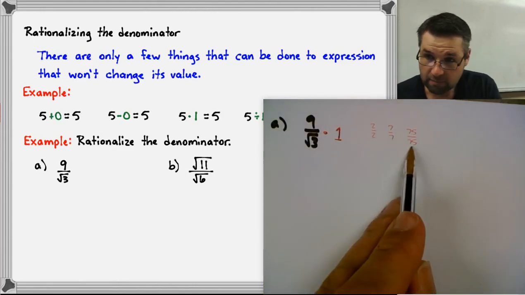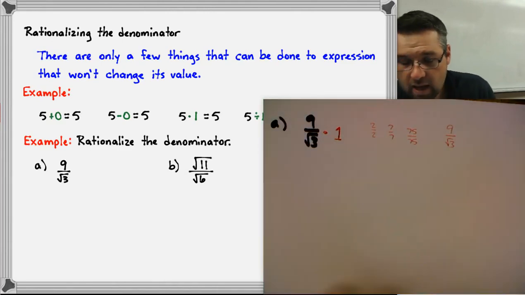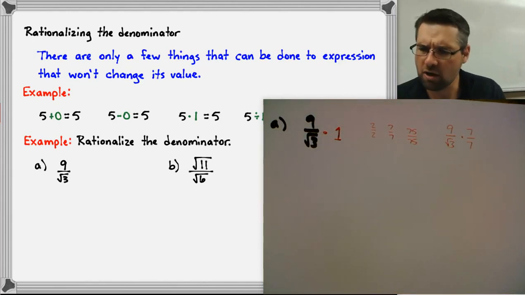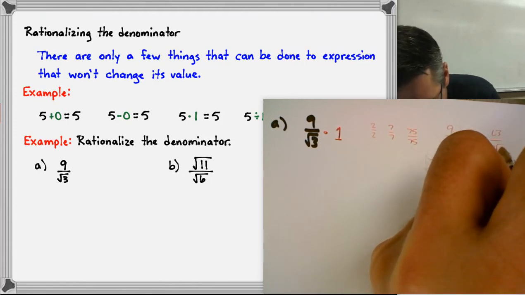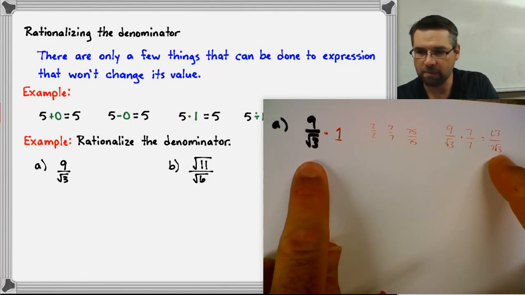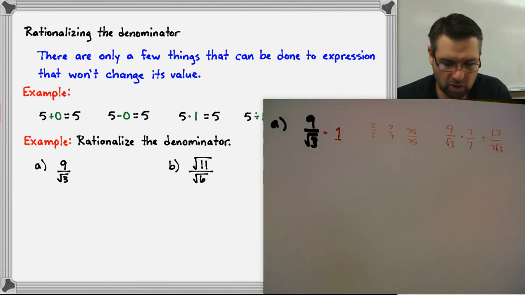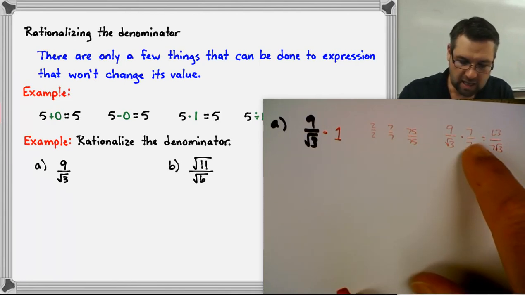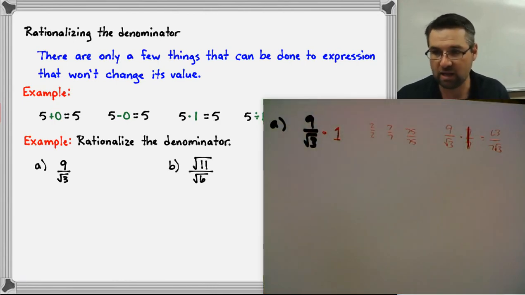These are all 1. So if I were to take this 9 over radical 3 and multiply it, let's say, by 7 over 7, that's going to change the look of this. That would be 63 over 7 radical 3. Now that changed the look in comparison to what we originally started with. But notice that our problem still exists. The radical is still on the bottom. So we don't want to multiply by 7 over 7 or 75 over 75, but I do want you to recognize that when we multiply by 7 over 7, all we're really doing is multiplying by 1, okay?